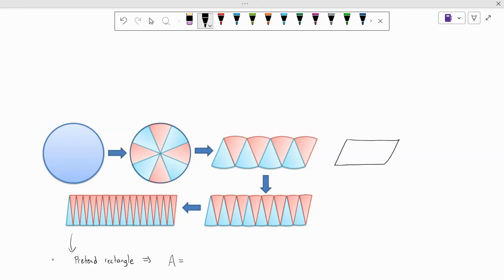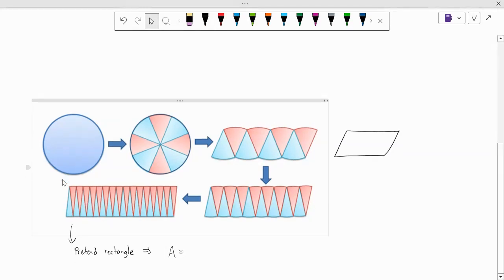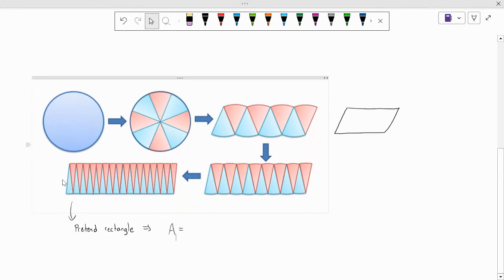So if we pretend that this was a rectangle, then we could ask what the area of this rectangle is. And we know for a rectangle, the formula for the area is base times height. So the height of this rectangle is going to be equal to the radius of the circle.